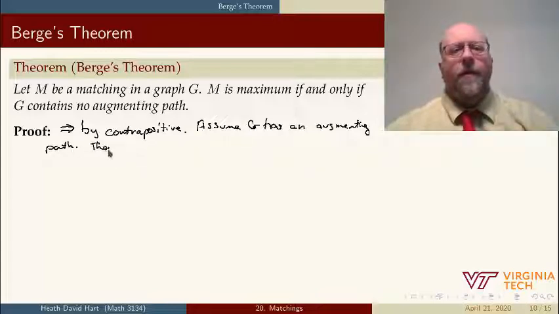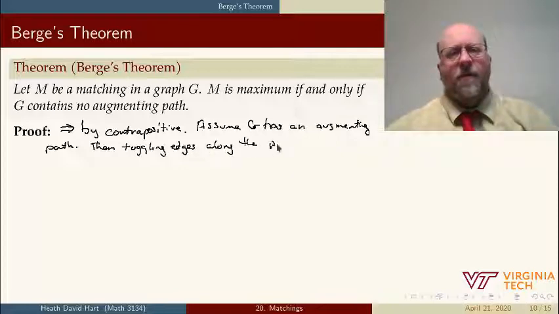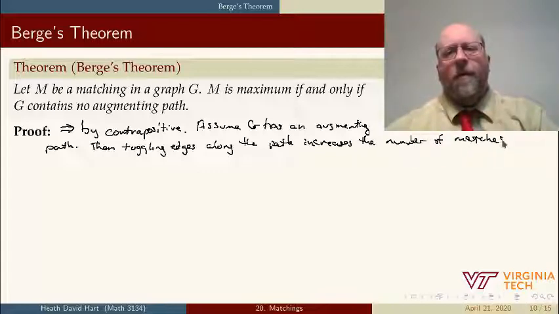Then toggling edges along that path increases the number of matches. And so M is not maximum.